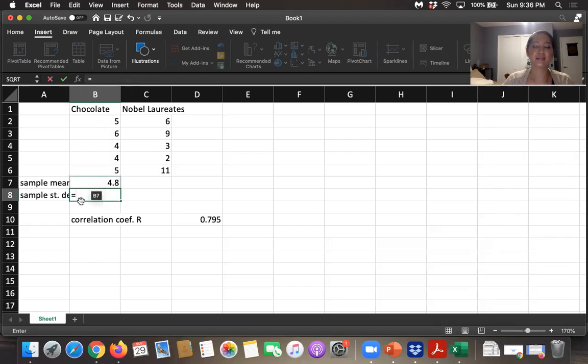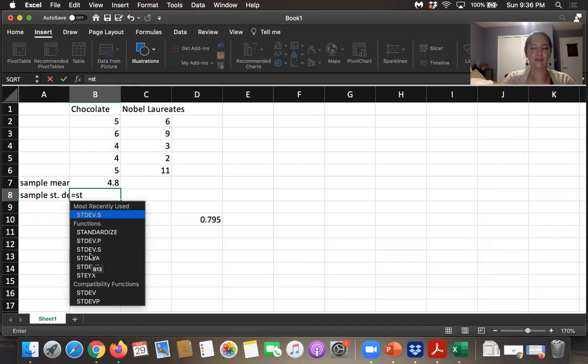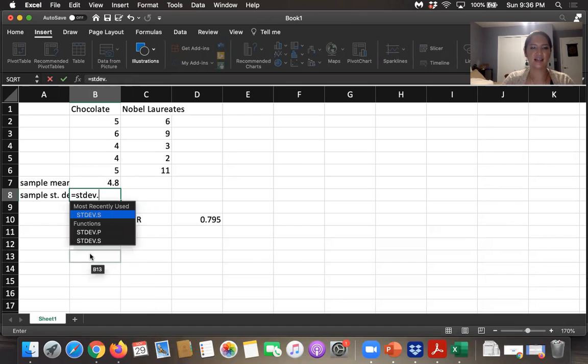And then I also want the sample standard deviation. So I'll type equals ST, and then you see stdev.s. That's the one we want. That .s means sample standard deviation as opposed to population standard deviation. Remember, they're a little bit different. One has the sample size minus 1 in the denominator. The other one has the true population size. There's no minus 1. So we need the one that has the S for the sample standard deviation.